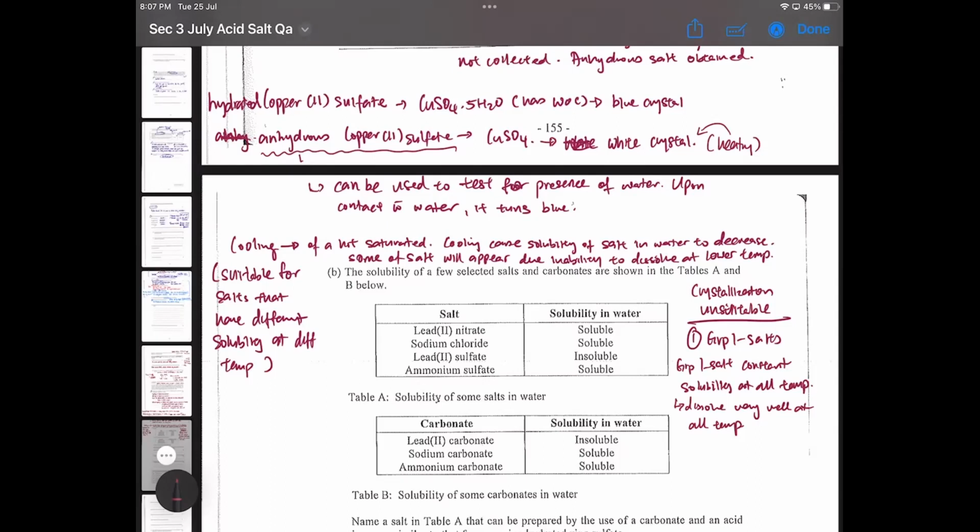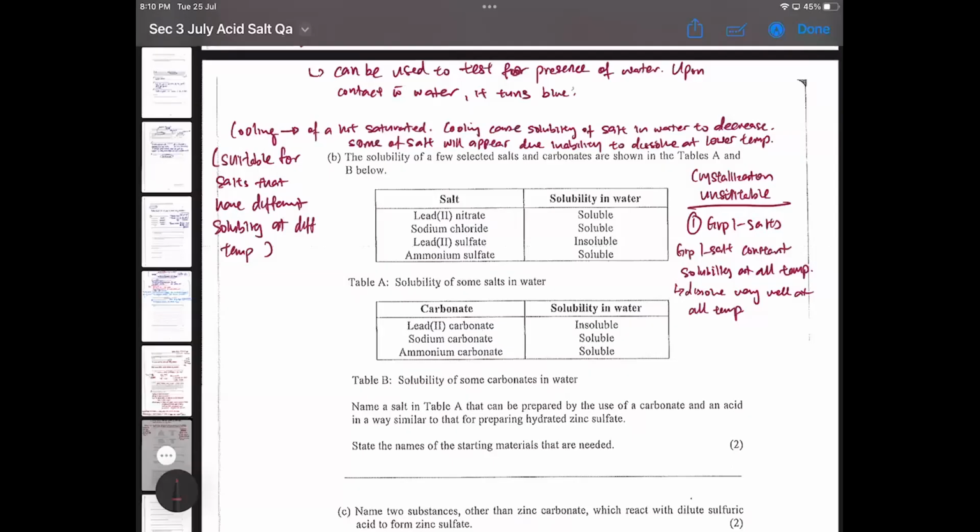But of course, if you want to get crystals across the board, okay. So the salt that we want to produce here, the question says, has to be a salt produced in the same way as zinc sulfate.